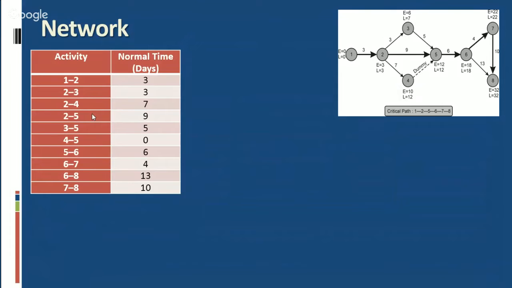Here activities are 1 to 2. Then 2 to 3. Then 2 to 4. Then 2 to 5. Then 3 to 5.